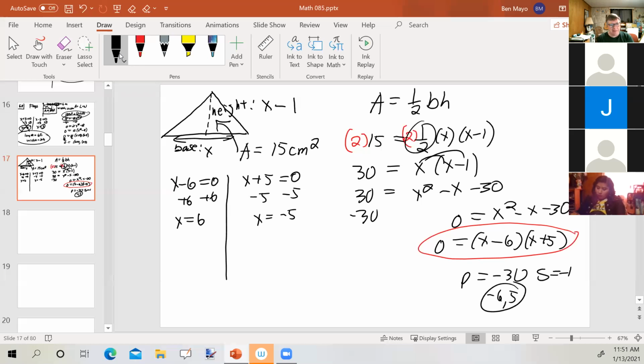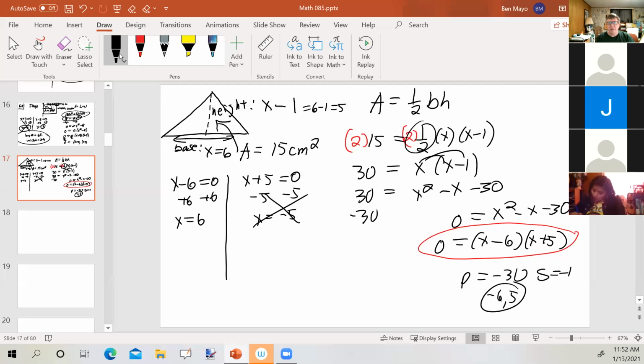However, again, in this case, we're dealing with distances. Height and the length of the base are both distances, so they can't be negative. So if x is 6, the base would be 6 and the height would be 6 minus 1 or 5. However, we still need the units.